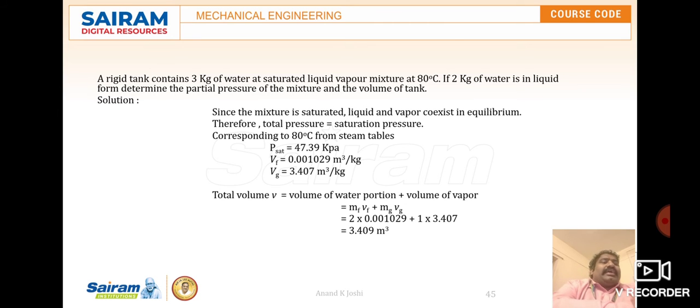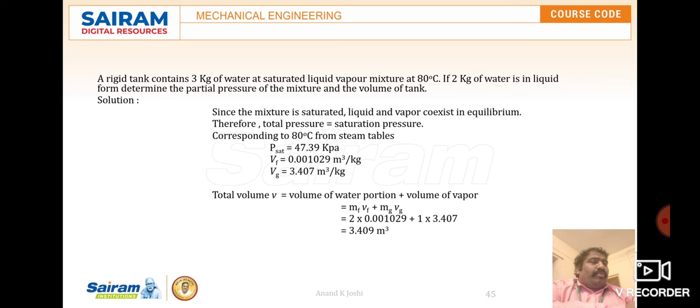The total mixture is 3 kg, the mass of the water portion is 2 kg, and the remaining 1 kg is vapor.